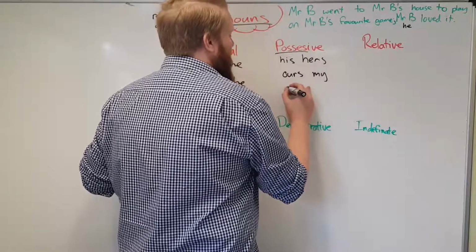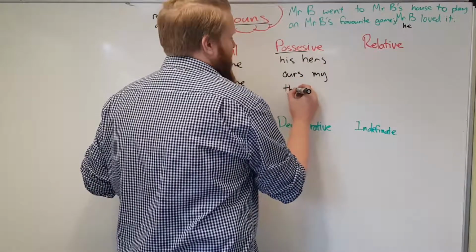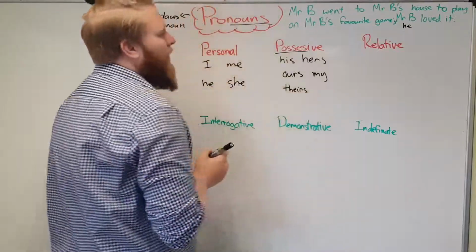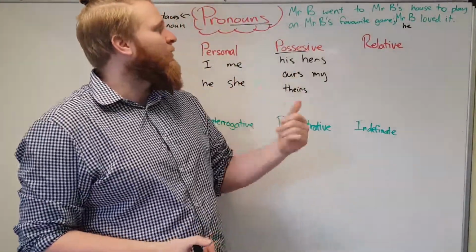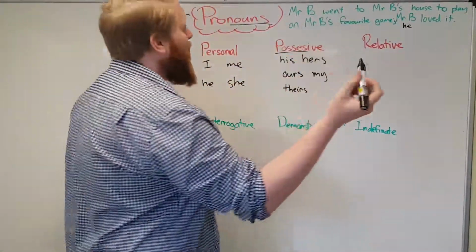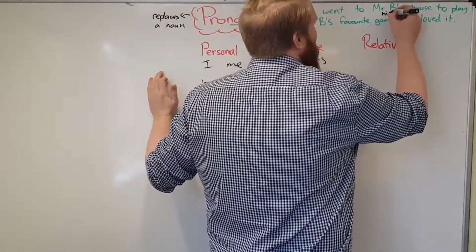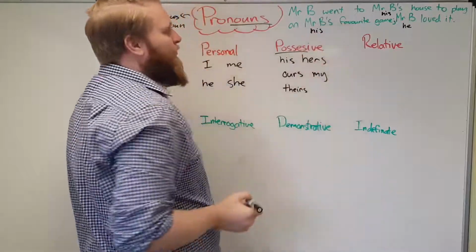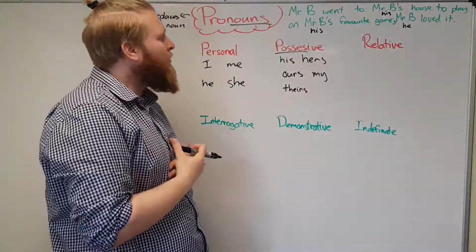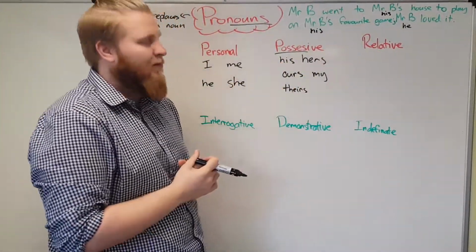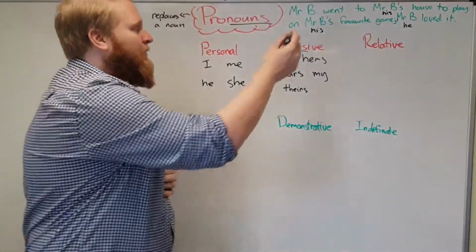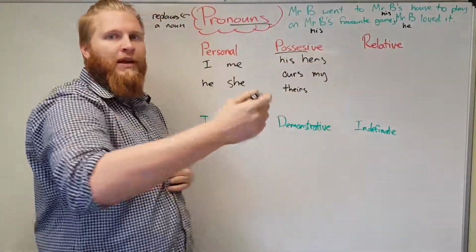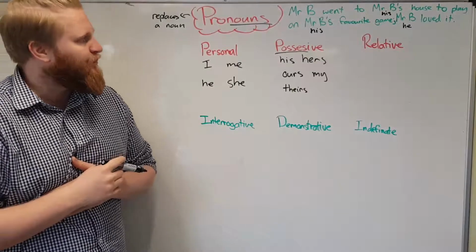We could have theirs. So Mr. B went to Mr. B's house. I could replace that to his house and his favourite game. So we're replacing the noun with some possessive pronouns there because we're saying that the favourite game belongs to Mr. B. It belongs to someone, okay?